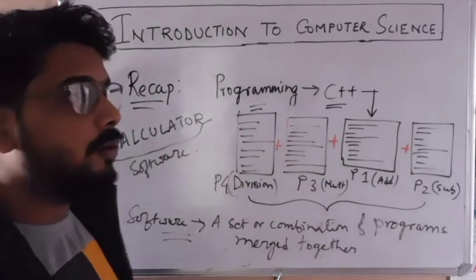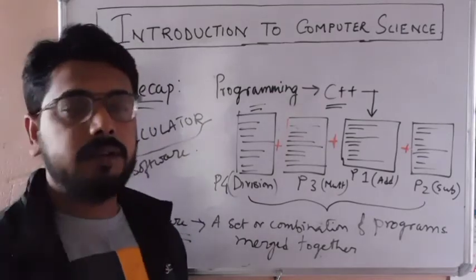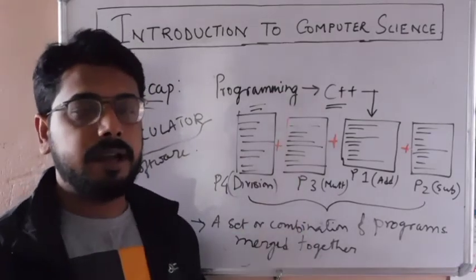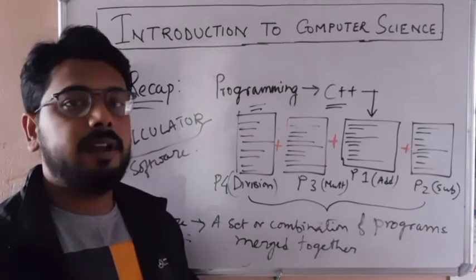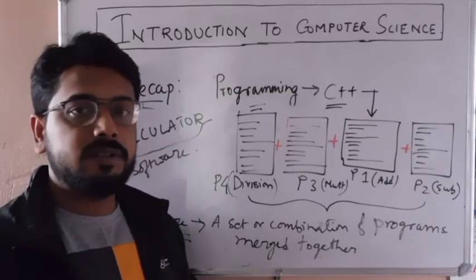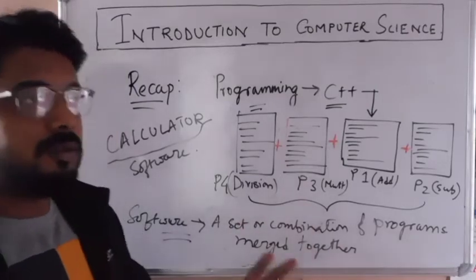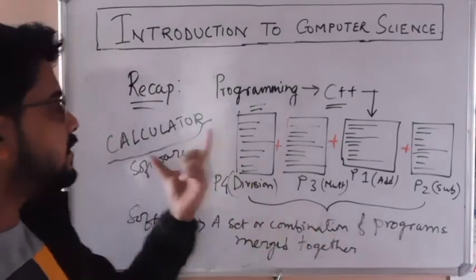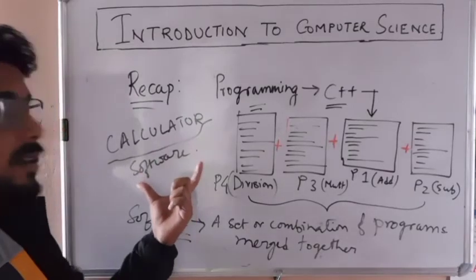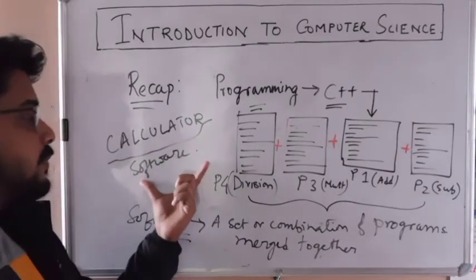So in Windows you might have seen that small calculator software which pops up, right? In any Windows, whether it may be Windows XP, Windows 7, Windows 8, Windows 10, 11, in every version of Windows, you will find this calculator software. Now, how was this software made?